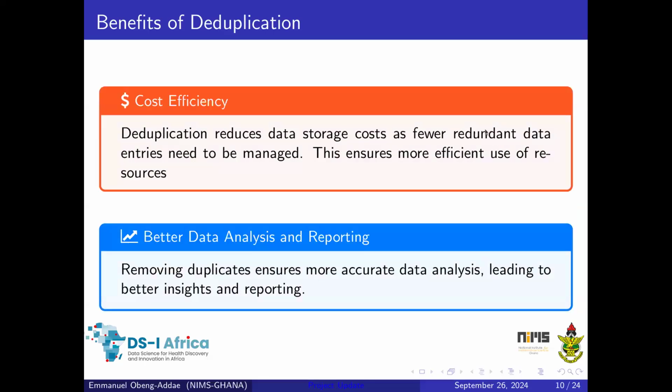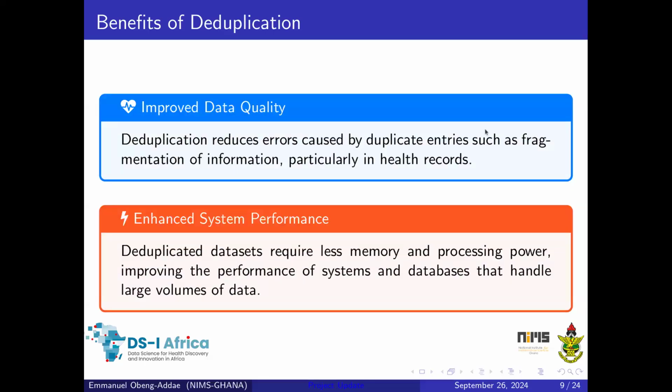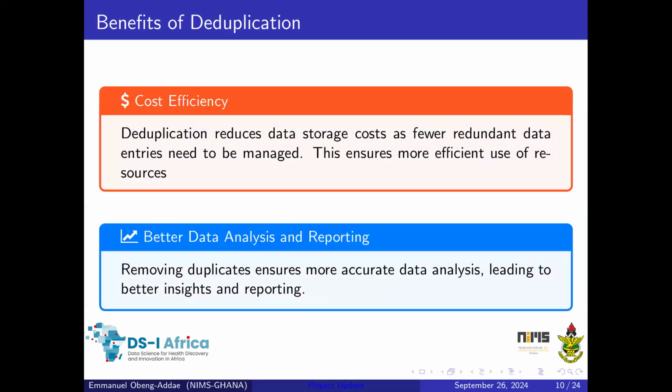Additionally, deduplicating data sets enhances system performance as these data sets require less memory and processing power. And overall, it improves the performance of the systems and the databases that handle these large volumes of data. Also, the cost of storage and management of the data is reduced, and this ensures more efficient use of resources.